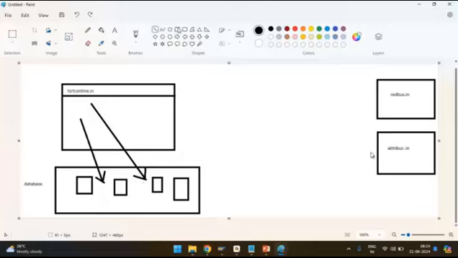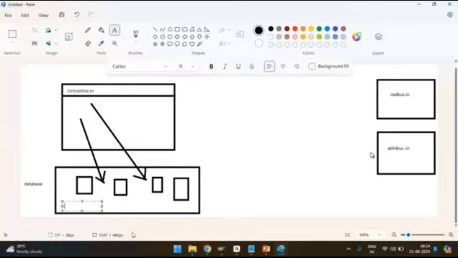But for the third-party websites like redbus.in, abibus.in and any other third-party web applications, they write the business logic at the back end for booking a ticket, cancelling a ticket, driver information, and everything.